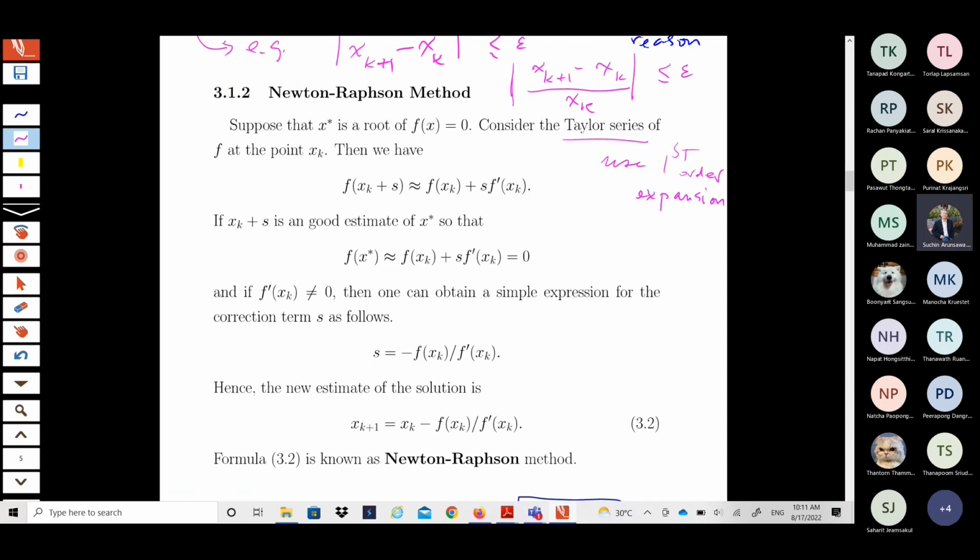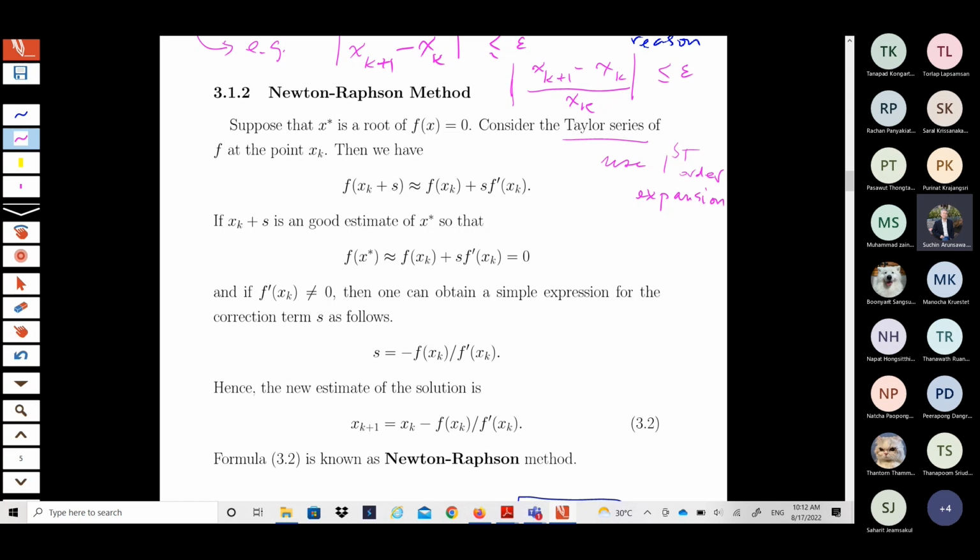Now we add another assumption: suppose xk plus s is a good estimate of x star.